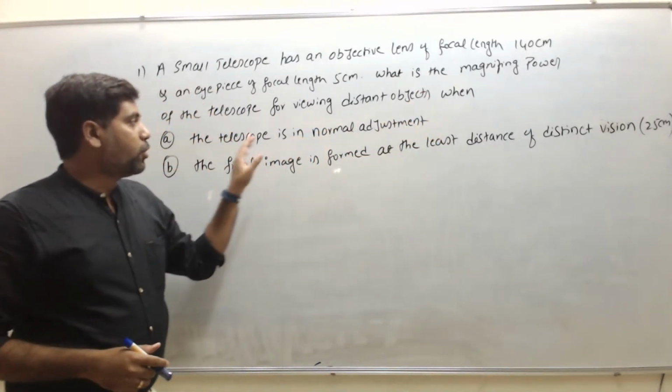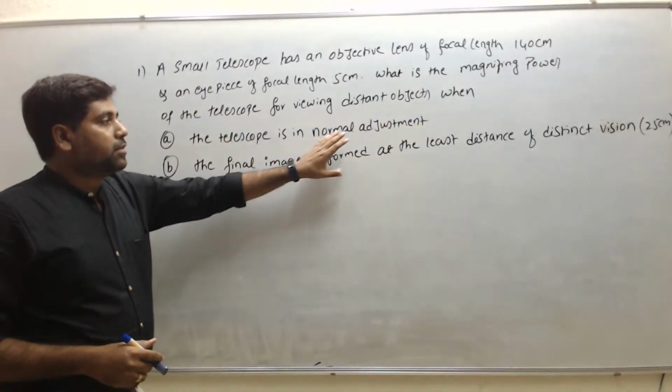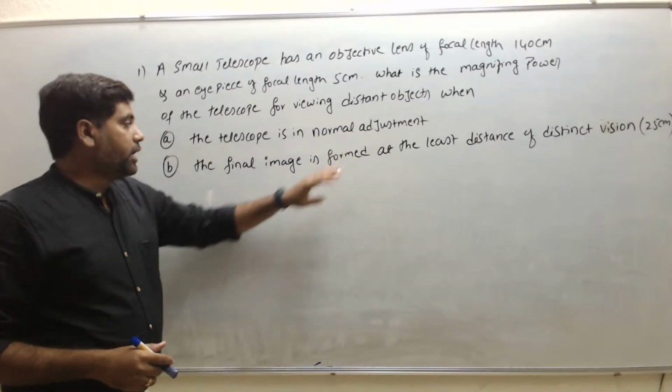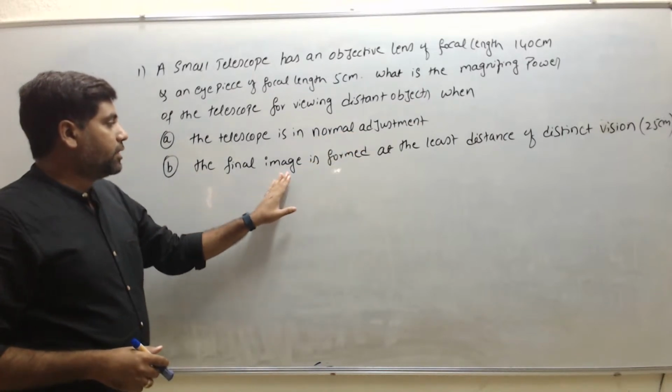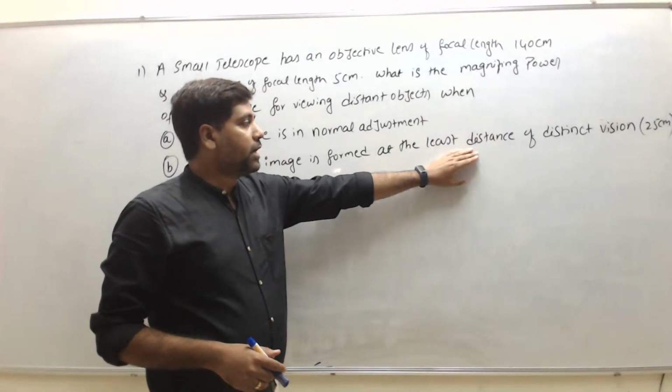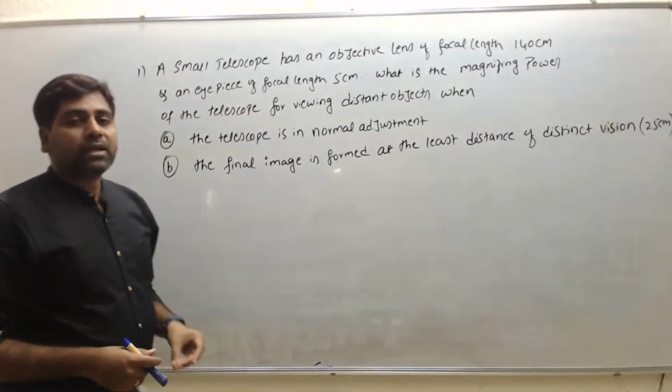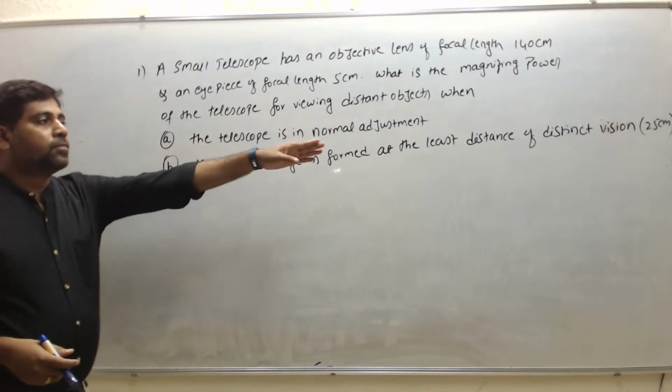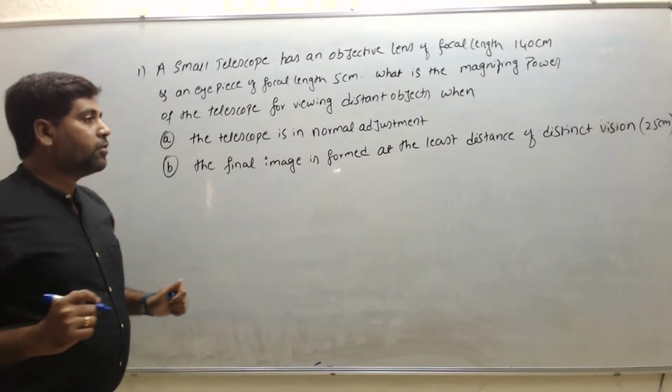So magnifying power we have to calculate when the image is formed at infinity, and the second case is when the image is formed at the least distance of distinct vision, that is the image is formed at 25 centimeter.